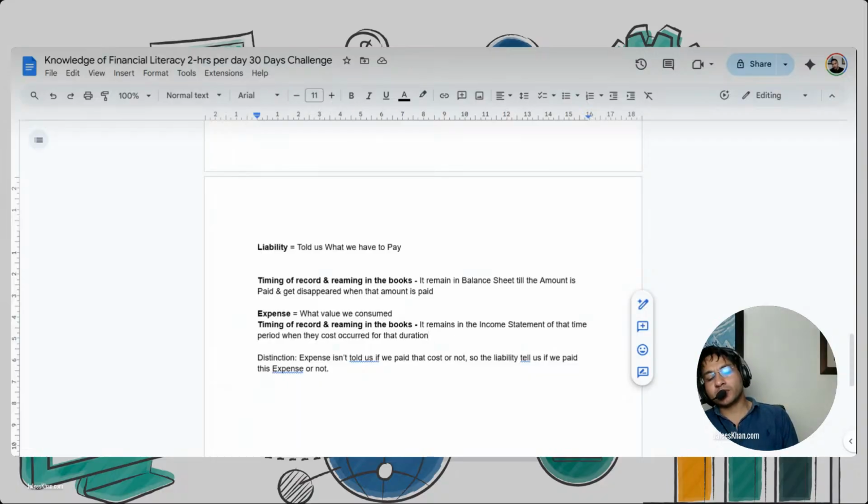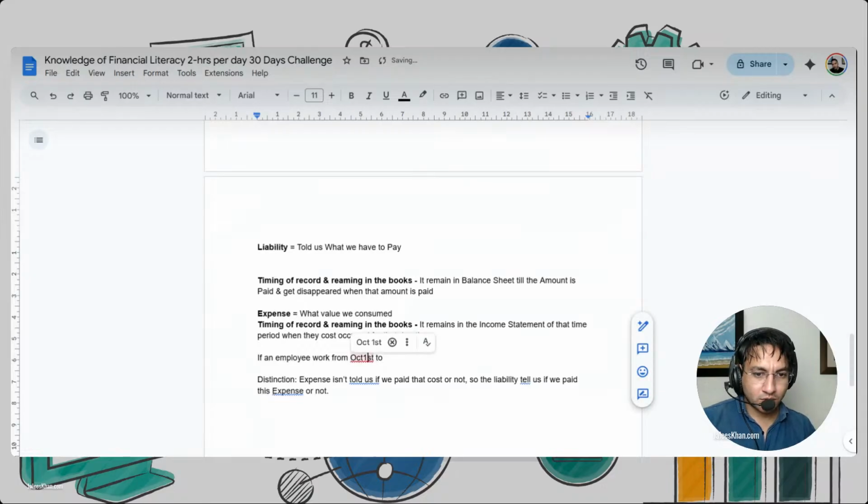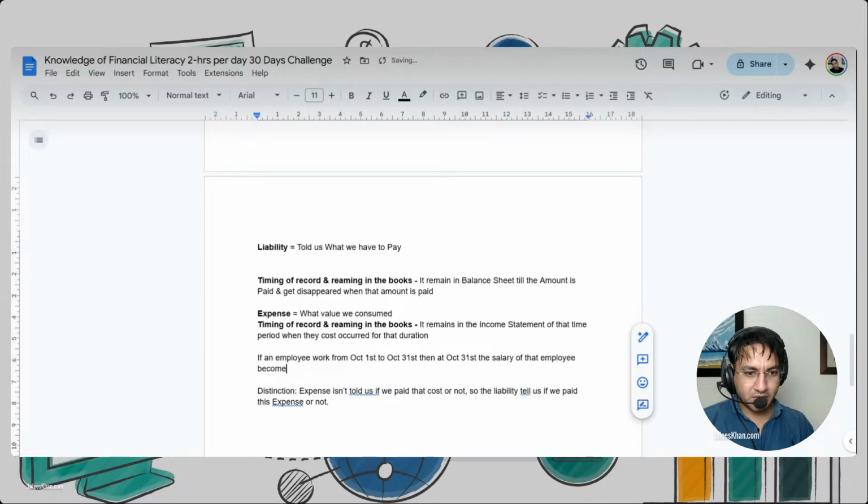If I am going to give you an example: if an employee works from October 1st to October 31st, then at October 31st, the salary of that employee becomes an expense of October.